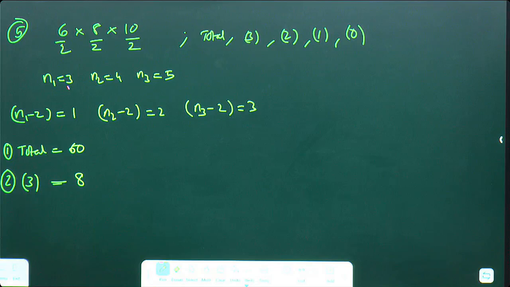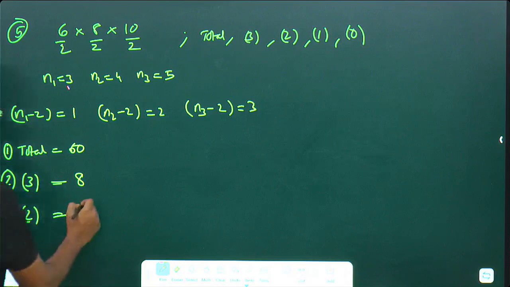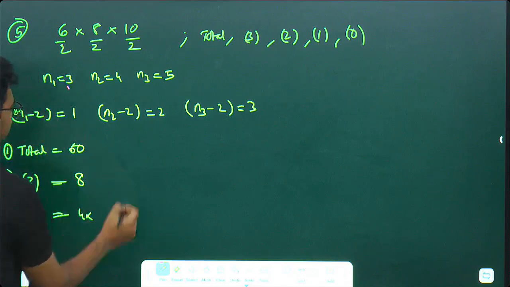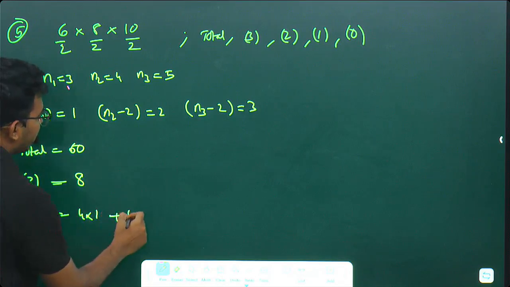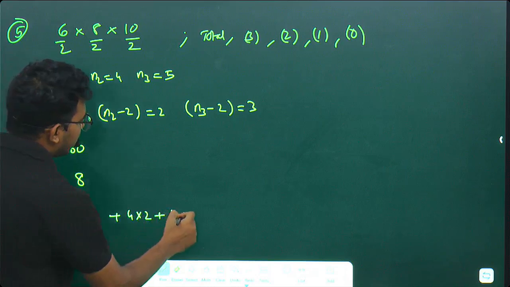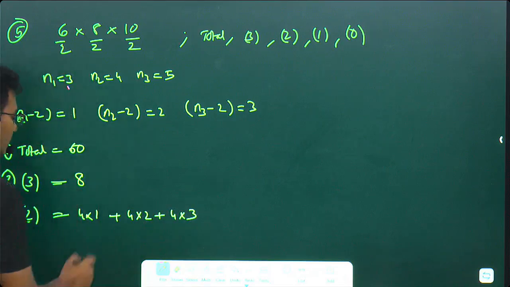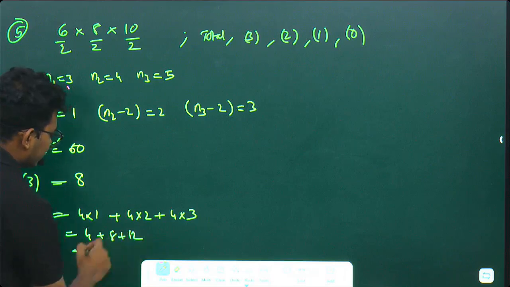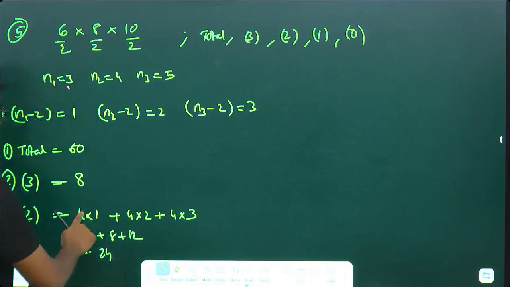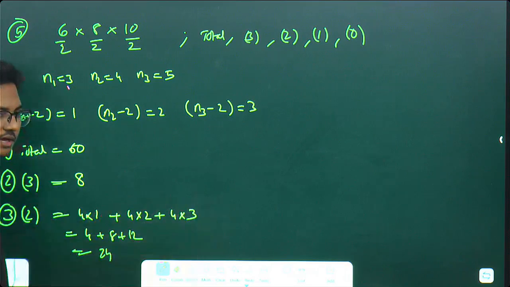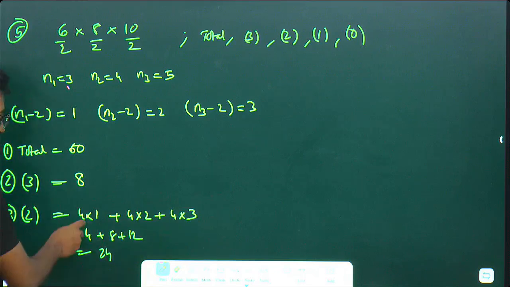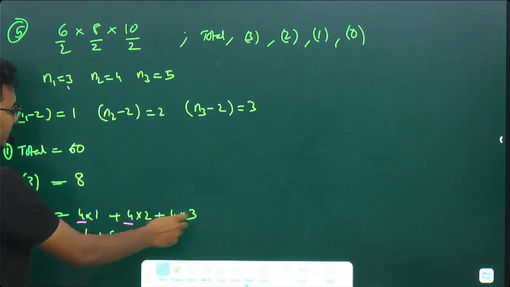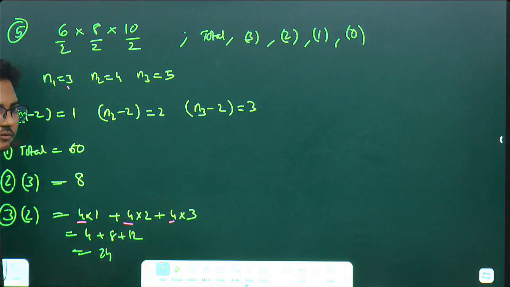Next, two surfaces painted. 4 into 1, plus 4 into 2, plus 4 into 3. So 4 plus 8 plus 12, which is 24, or else 4 into 6, 24 directly. You can take 4 common, 3 plus 2 plus 1, 4 into 6, 24.